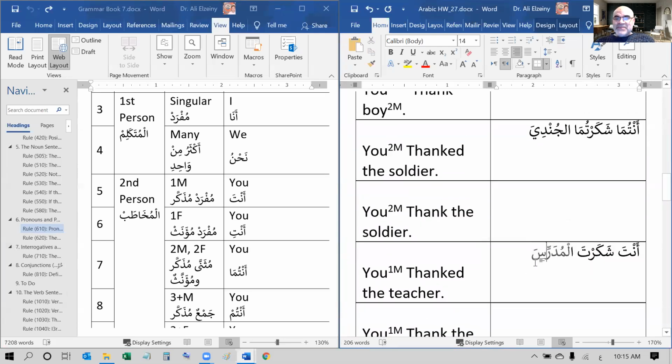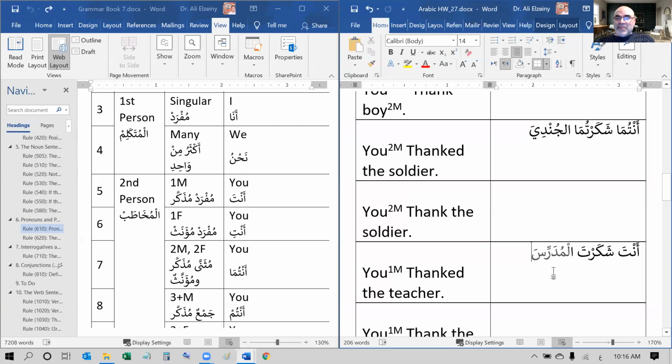And because we have an alif lam, we have فتحة. We don't have tanween فتحة. We cannot have tanween because of the alif lam. So that becomes المدرسة. The teacher. So أنت شكرت المدرسة.